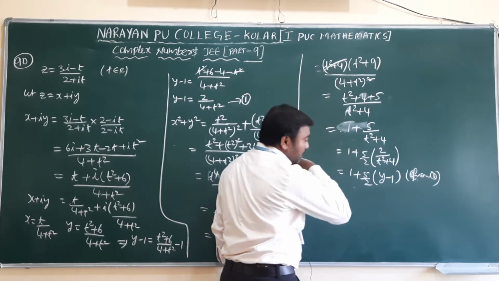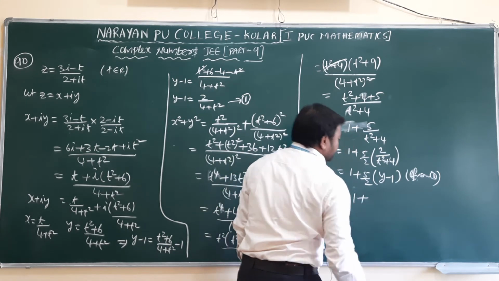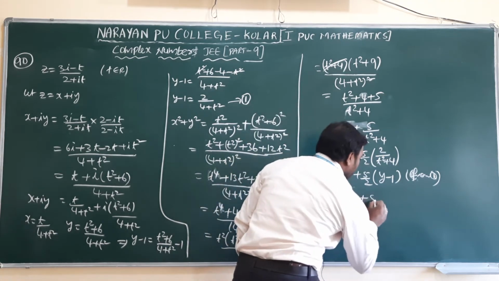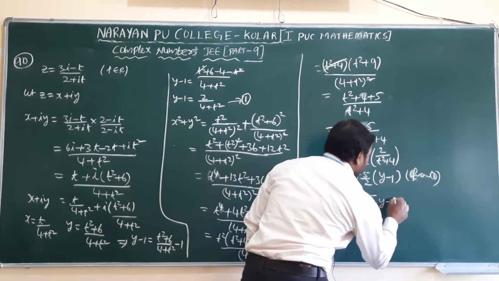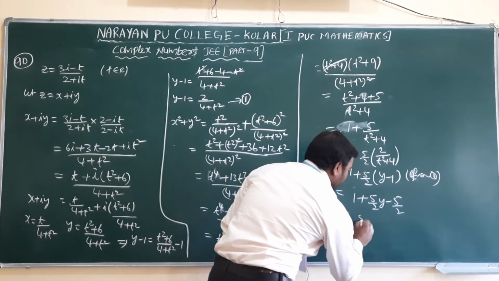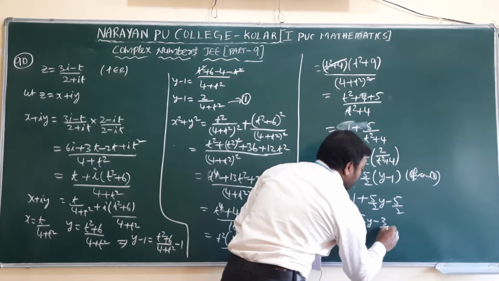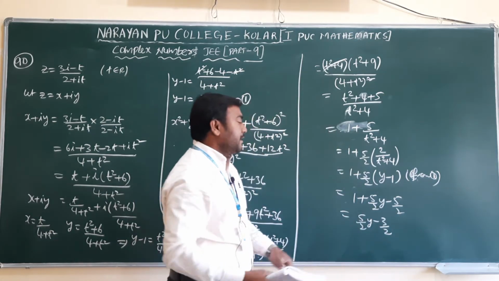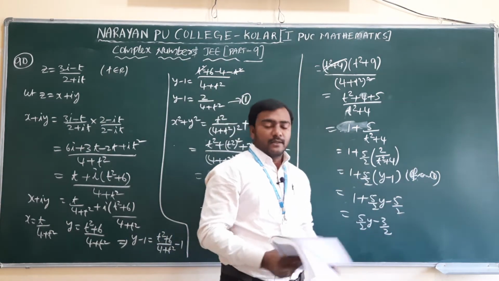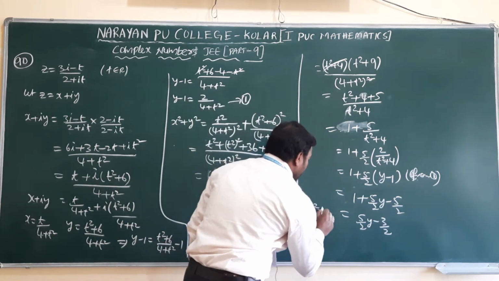So we will take 2 as LCM. So what is our problem? 5 by 2y minus 5 by 2, here. So 5 by 2y minus 3 by 2, taking LCM 2, minus 5 gives minus 3 by 2.